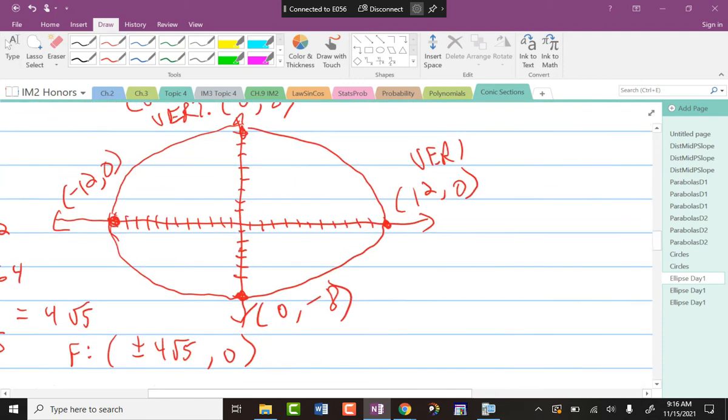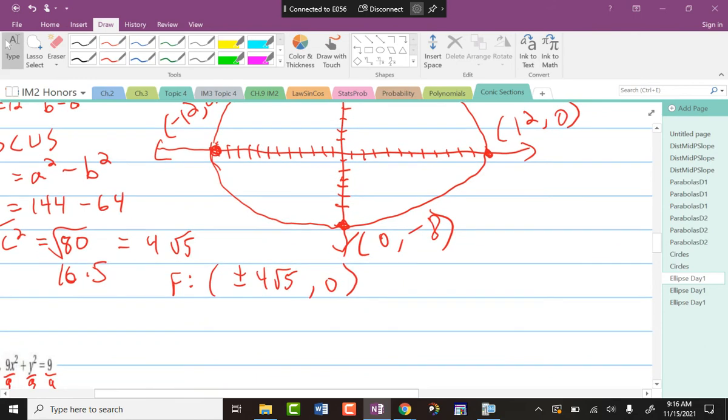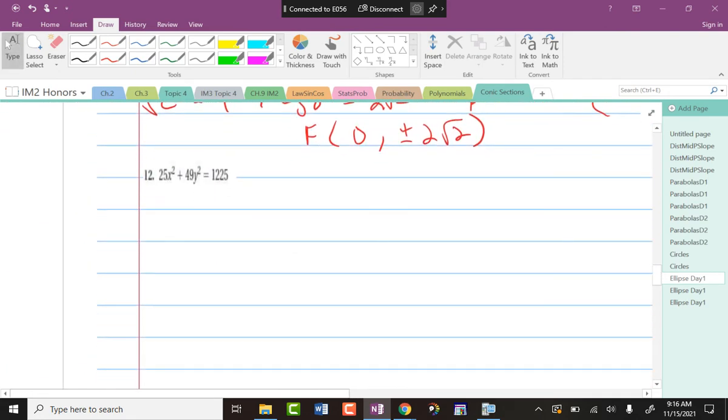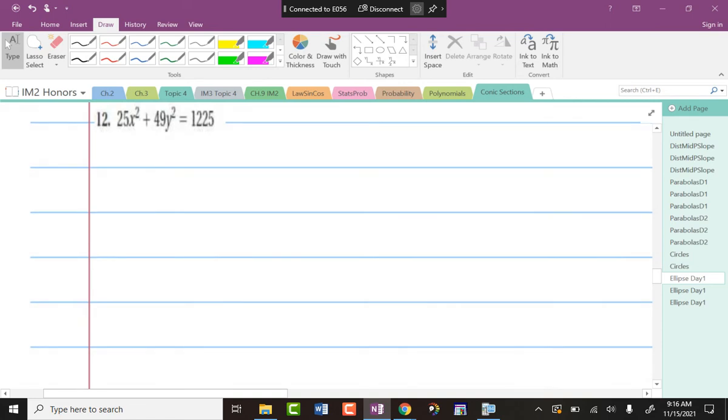I'm looking at this last one. It probably would have a smaller e than that, closer to 0.6, 0.7. That's not as ovular as the last one. 12 and 8 are pretty close to each other compared to 3 and 1. All right, but I'll do eccentricity on this last one. Holy crap, that's some big numbers.